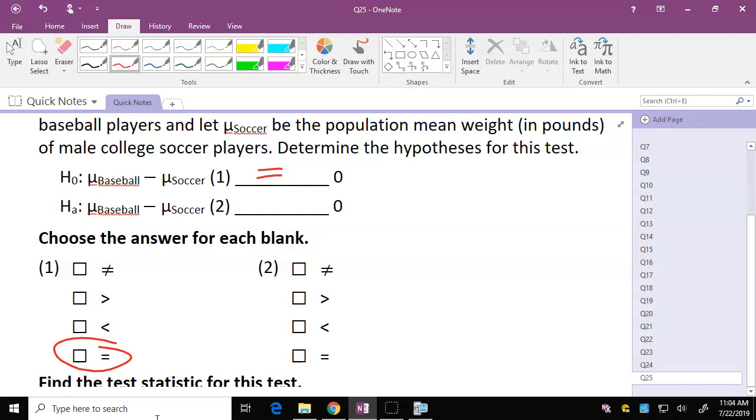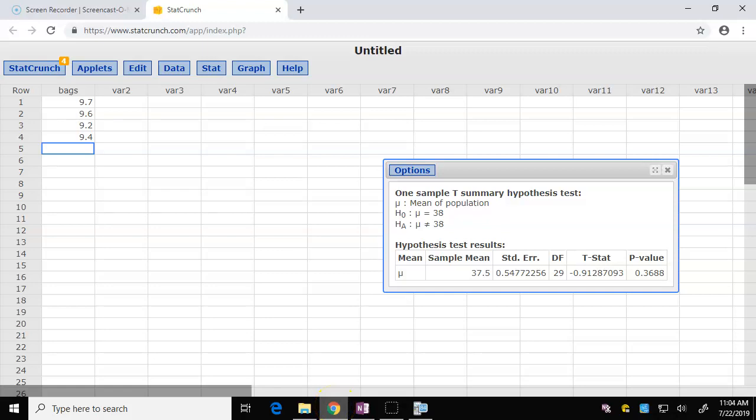So are we going to be not equal, greater than, less than, equal? Not equal. So there's what we know. Now we need to run the information. How are we going to do this? StatCrunch. It'll be a little bit easier for your test. Unfortunately, we actually have to put all this data into StatCrunch.